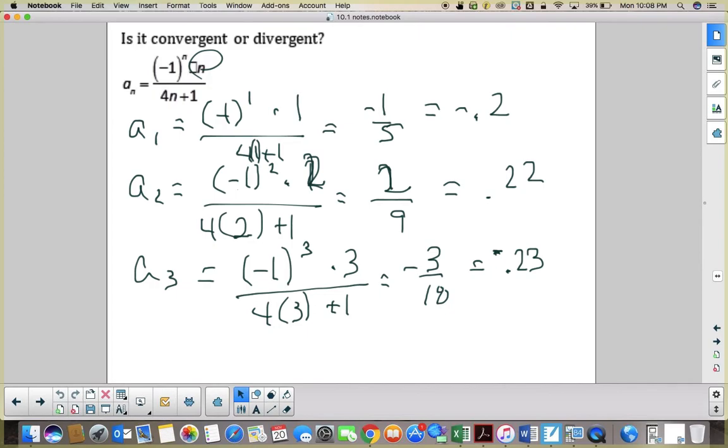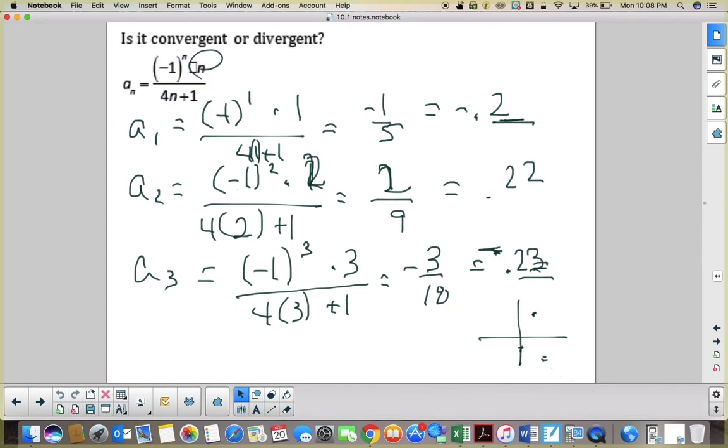If you were to look at this graph, it gives the impression of the other one, but the first term is at negative 0.2. Just plotting a point. And then we come up to 0.2. And then we come down here, and we're getting even further away from 0. If you think of this as 20 cents, this is 23 cents.